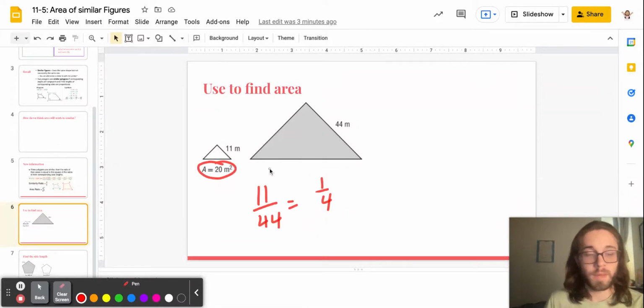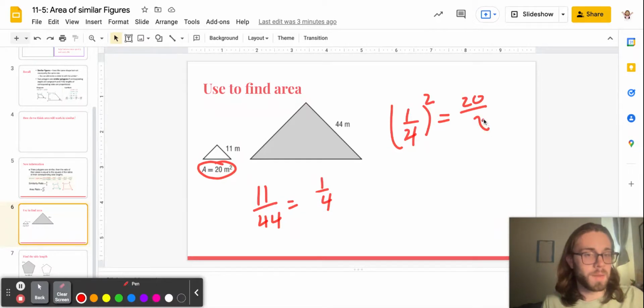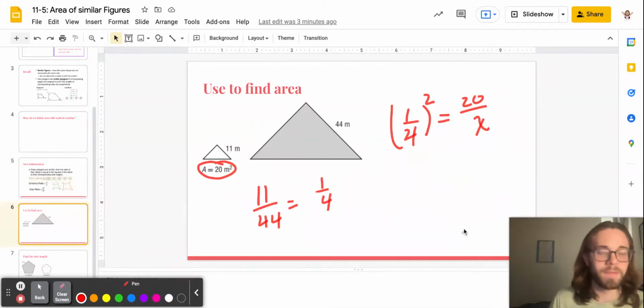However, if we think about the ratio, this is not 1/4 of this one's area. It's 1/16 because we have to square this. So here's how we'll set this up: 1/4 squared is equal to 20 over, we'll call it x, the area, whatever variable you want to call it.